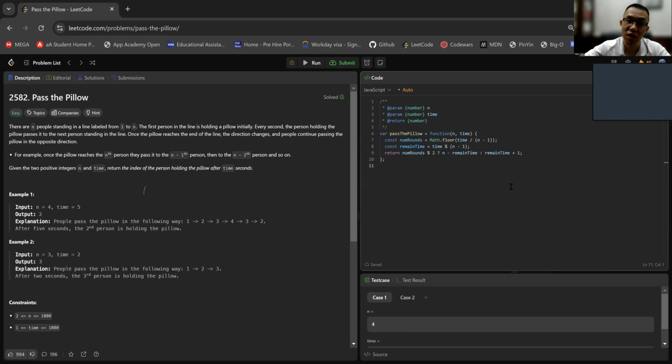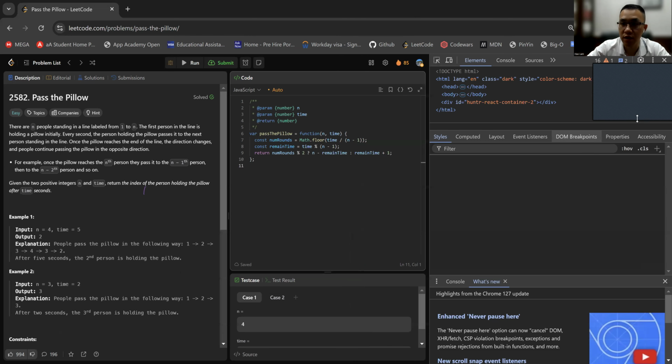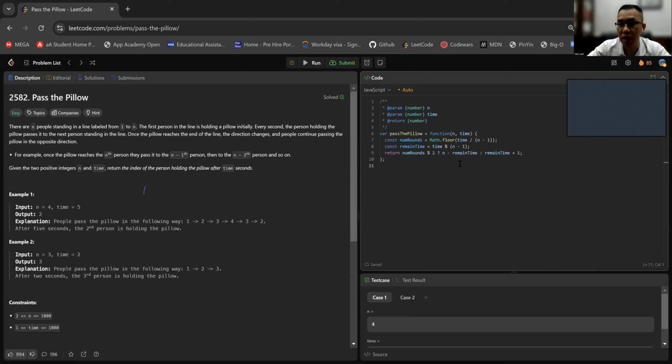If we are going from right to left, then we have to do this arithmetic, which will be n minus the remaining time. Because when we mod, we never get to that number, so that's why we have to add 1 here.